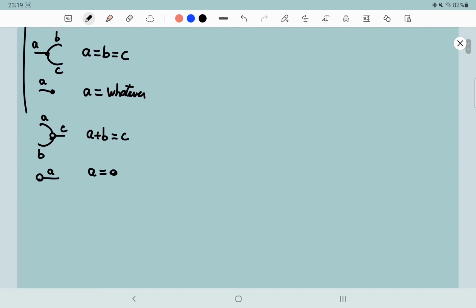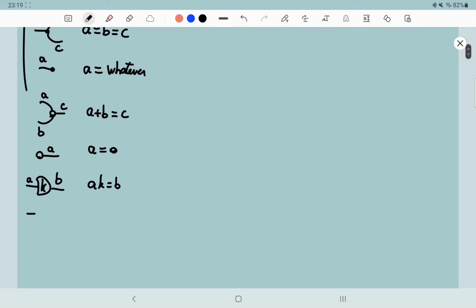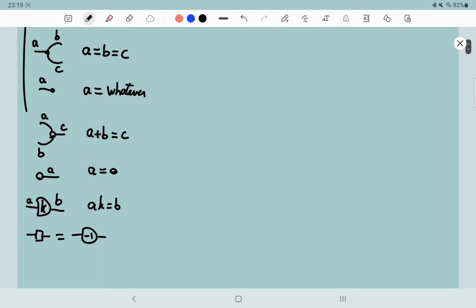But what we really need for linear algebra is this one. So here, for a number k, for example k equals 3, this equation is ak equals b. For example, this is like 3a equals b. And we also have this one, which stands for -1. This is multiplication by -1. It happens a lot, so we just have a square for it.